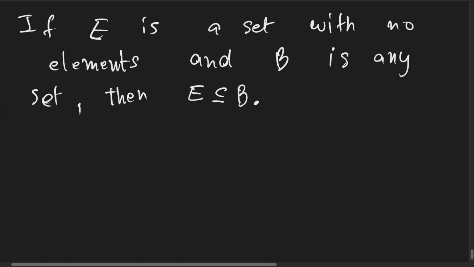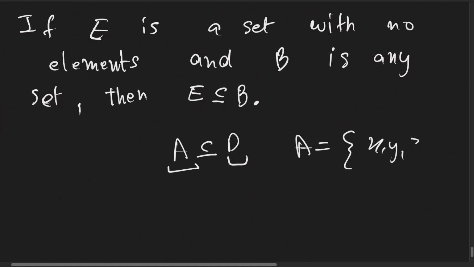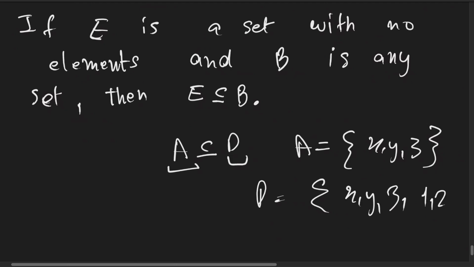If A is a subset of B, then that means all elements in A are in B. So if A contains the elements x, y, and z, then so does set B. B also contains x, y, and z, and maybe some other elements, like 1, 2, 3, whatever. So this is what a subset is.